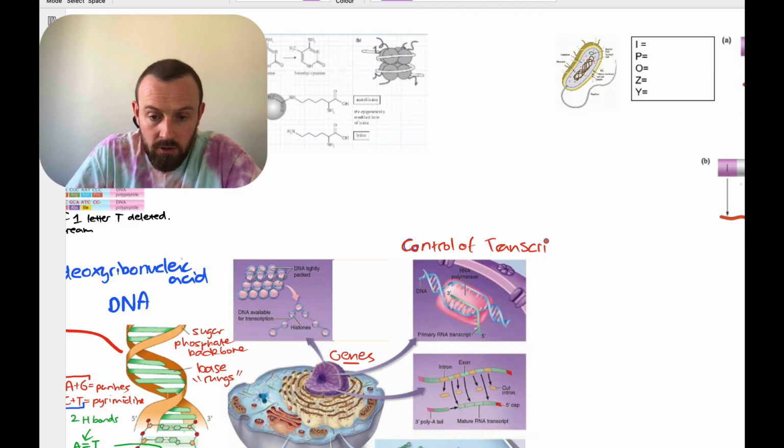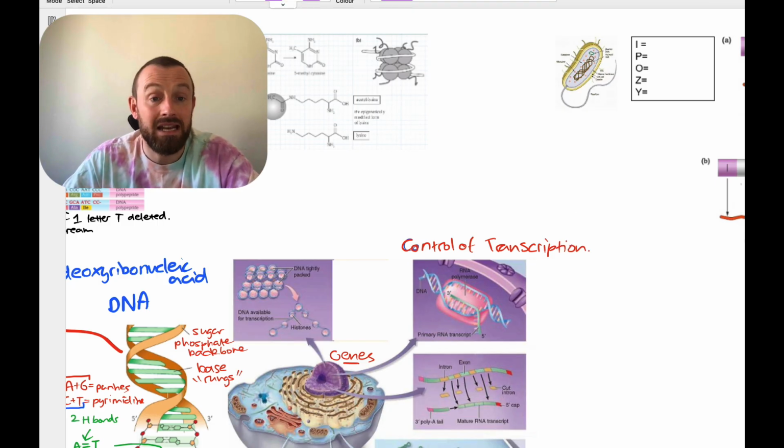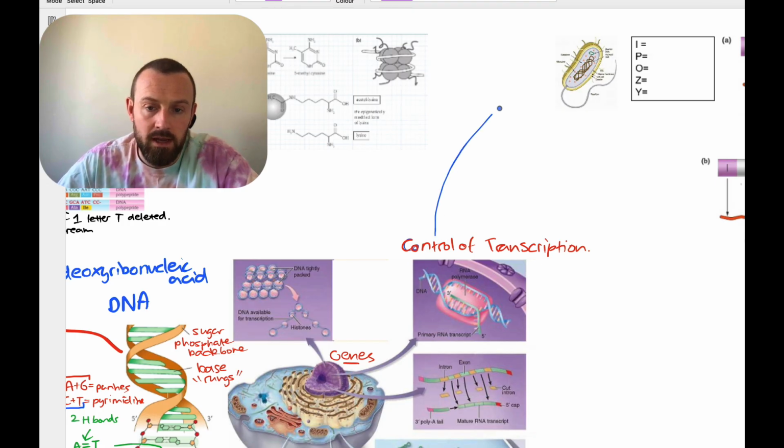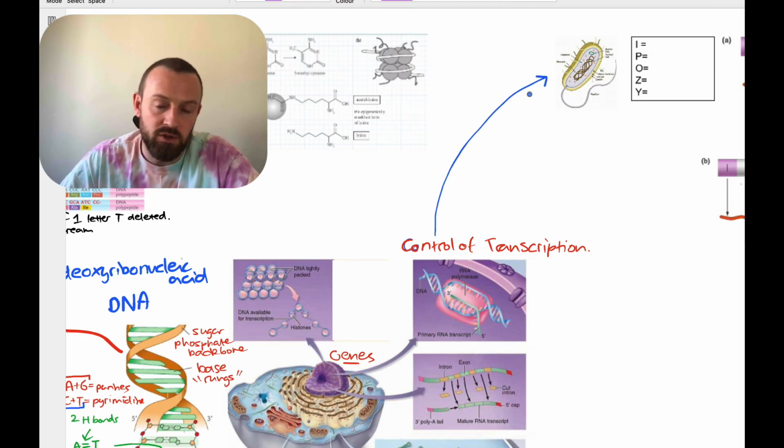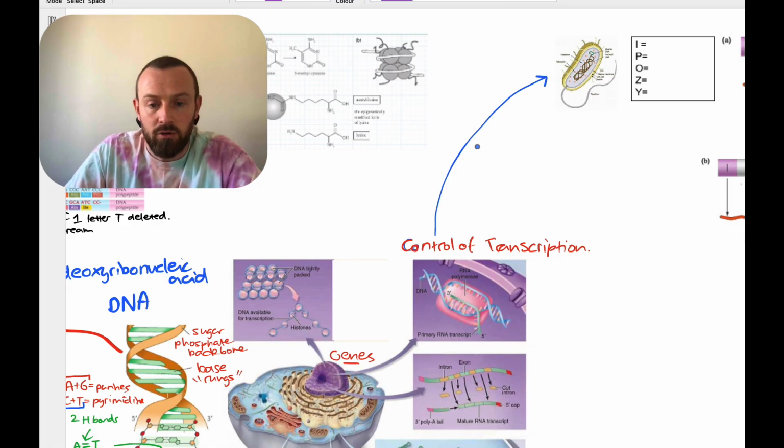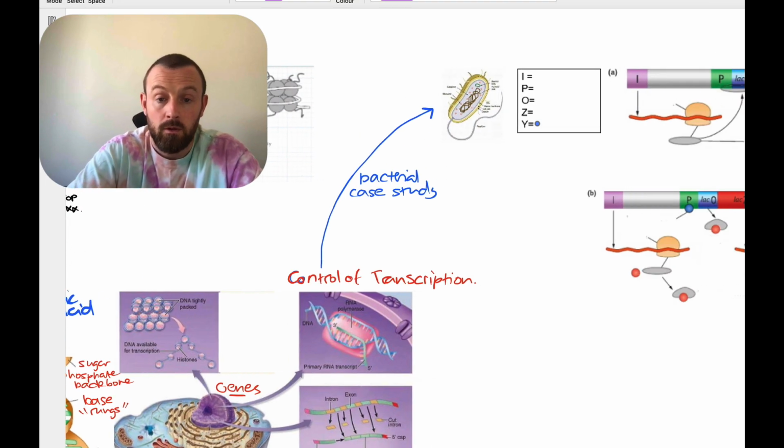So whether or not we decide to turn the DNA code into messenger RNA. Before we look at how that's done in mammals and humans, we're going to look at a bacterial case study. And it's called the Lac Operon.